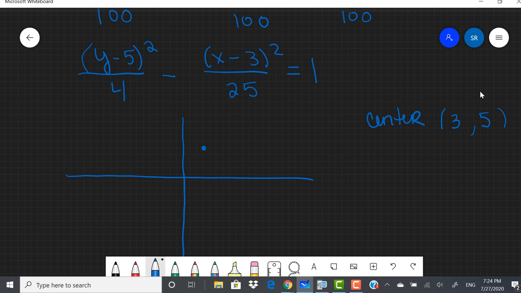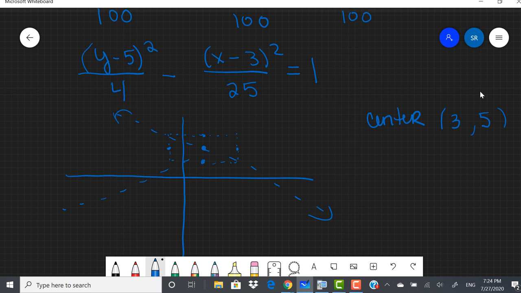And then on the y, I'm going to go up 2 and down 2, and for the x, I'm going to go over 5. And then we make our box. Well, you don't have to make these, I think Newton does them for you.